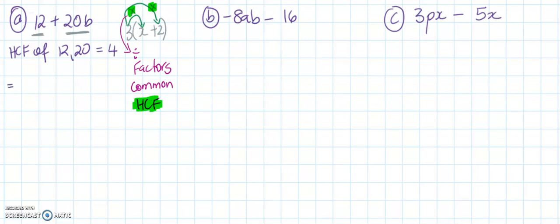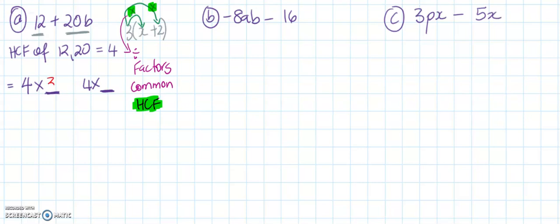So to factorize, I'm going to ask myself that 4 is multiplied by something to give me 12, and also 4 is multiplied by something to give me 20. Okay, now let's think what that something is.